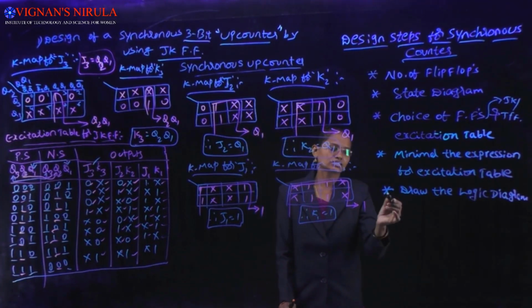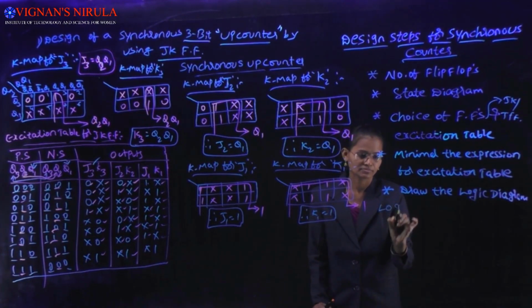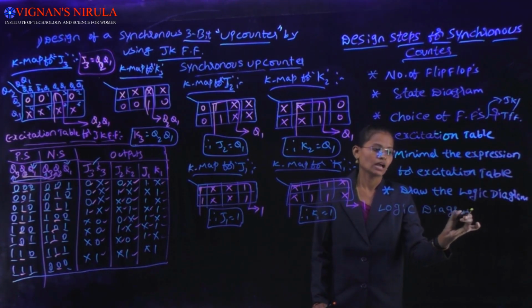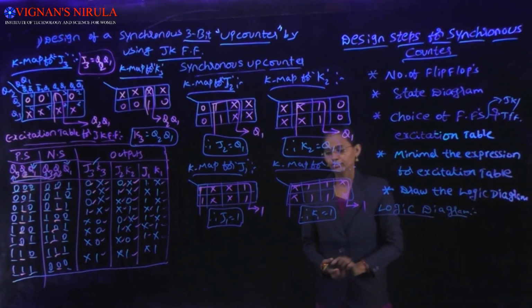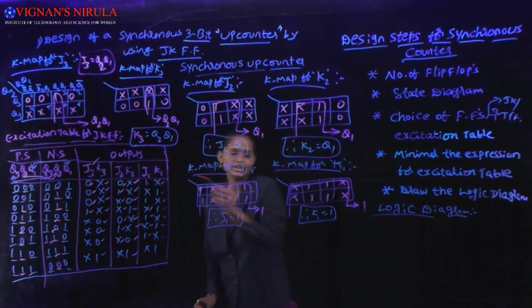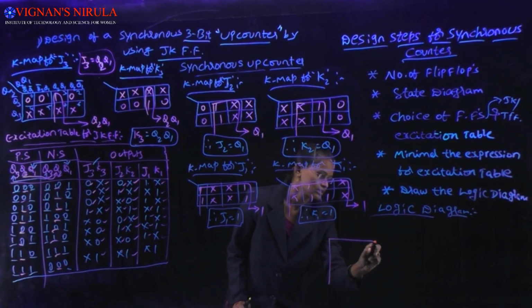And next, the fifth step is to draw the logic diagram. Observe this logic diagram. Here, how many flip flops are used? 3 flip flops: 1, 2, 3. So first draw the 3 flip flops.